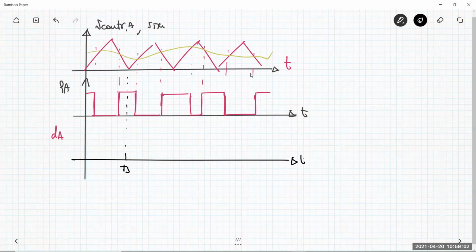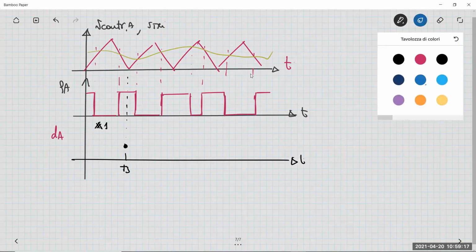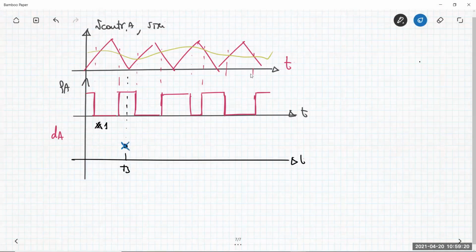Okay, so it means that the duty cycle of the unitary switching function QA during the first time interval, let me say this is the first cycle, is, for example, this one. Let me put it in red. This is the duty cycle level dA1 that you can have in the first cycle. Then you have another cycle, the second one, with a different duty cycle, which is basically more or less the same as before.